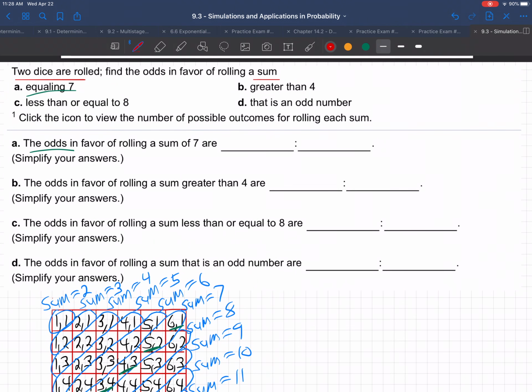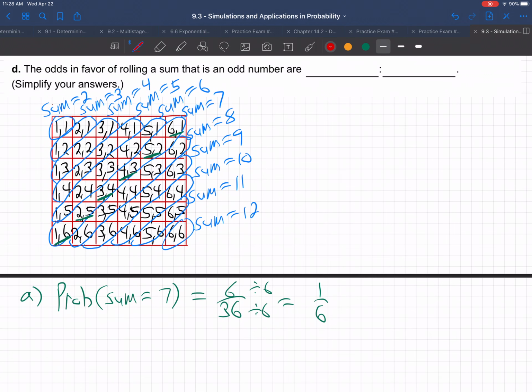Now, how are odds different than probability? Well, odds are very similar to probability. There's only one small difference between probability and odds. Probability is part over total, or in favor over total, where odds are for and against.